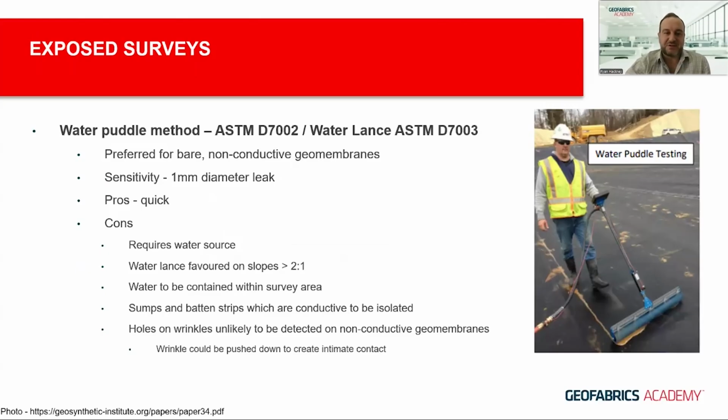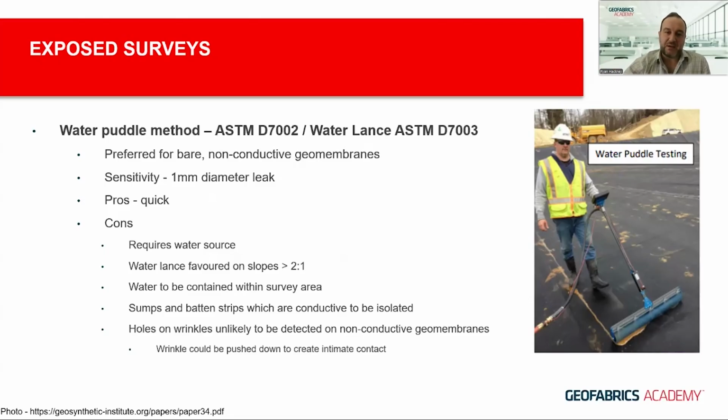These methodologies can detect leaks on the order of 1 millimeter in diameter. The pro of this is that the test is relatively quick, but on the flip side, if we look at the cons, it requires a water source, so you need to have sufficient water available. So in remote locations, you may have to bring in water trucks to be able to do this.